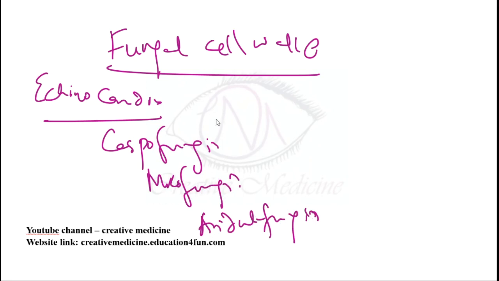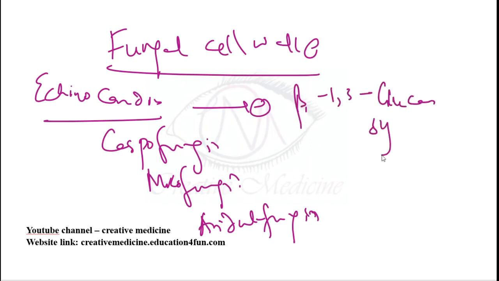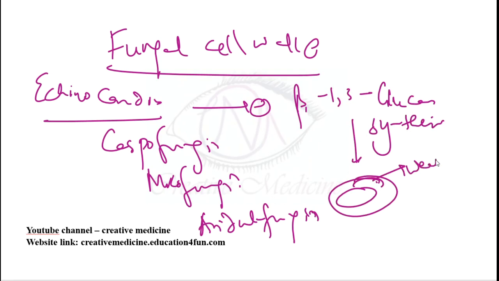These echinocandins will inhibit beta-1,3 glucan synthesis, and thus weaken the cell wall, causing osmotic susceptibility of the cells, and as a result destroy the cells.